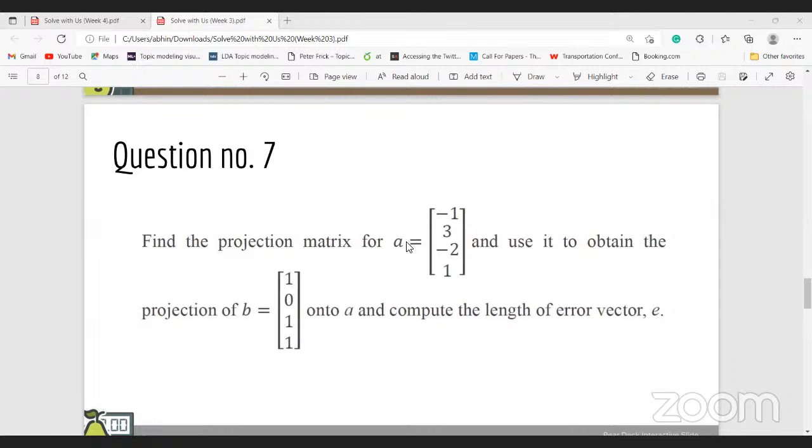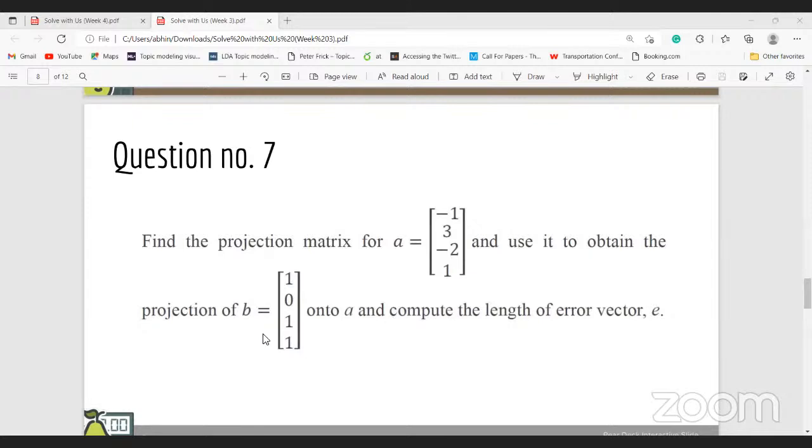Okay, so this problem is simple, I guess, except for the calculation part. First find the projection matrix. You already know the formula. It is A transpose divided by A transpose A. That will give you the full matrix.